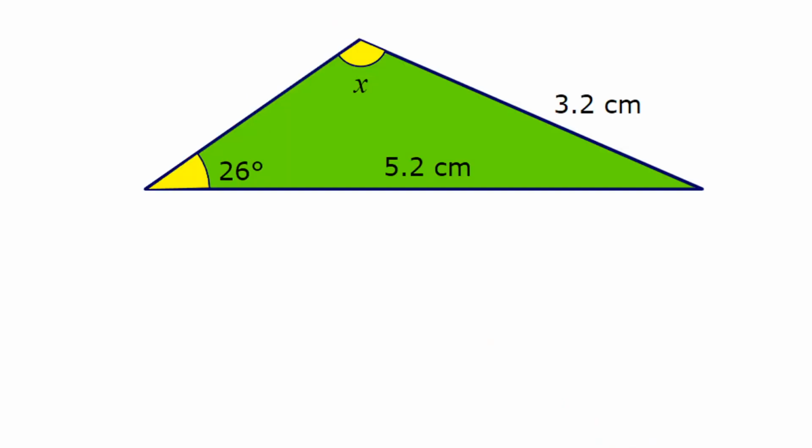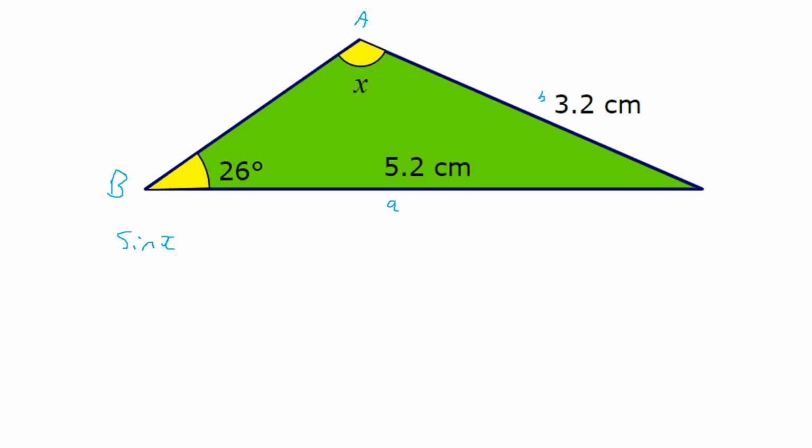What about if it's an obtuse angle? So this will be a bit weird because you're going to get a weird answer on your calculator, most likely. Again, the protocol is the same. We have an A, we have a little a, we have a B, and we have a little b, okay?